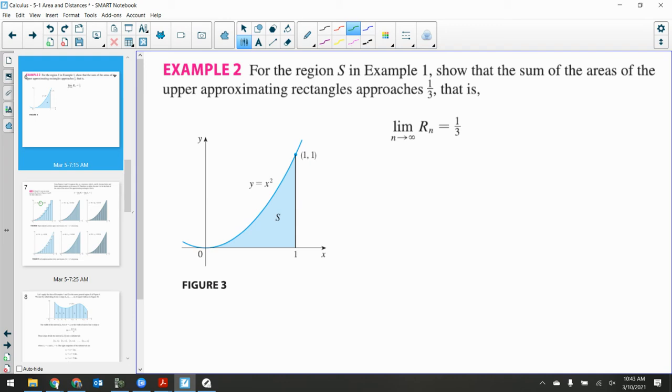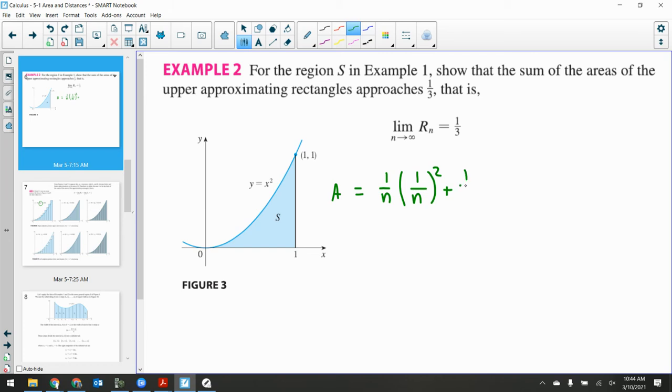So that means every time my base was 1/4, right? So if I choose to use n, every time I'm multiplying with my base, the area is going to be 1/n times that thing squared, right? So it was 1/n squared.